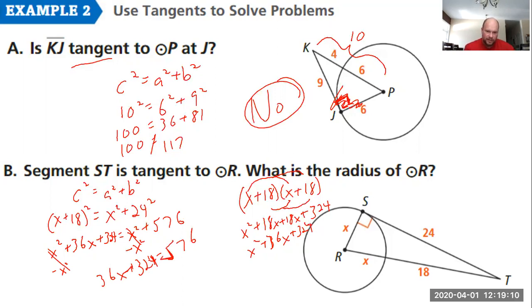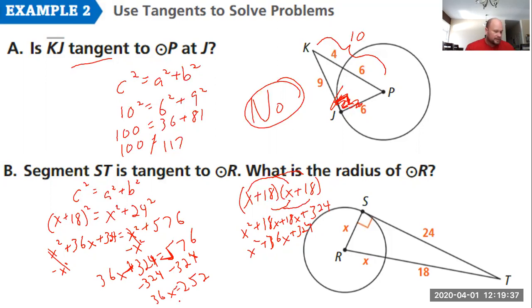Subtract 324 from both sides. So we have 576 minus 324, which gives us 252.